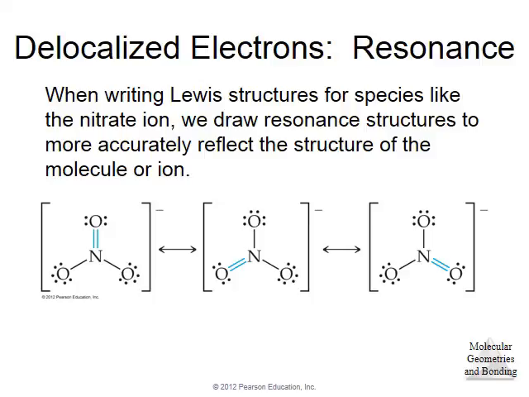Now, we are going to discuss resonance or delocalization of electrons. First you need to get the Lewis structure for NO3 minus. So you add the valence electrons for each of these.